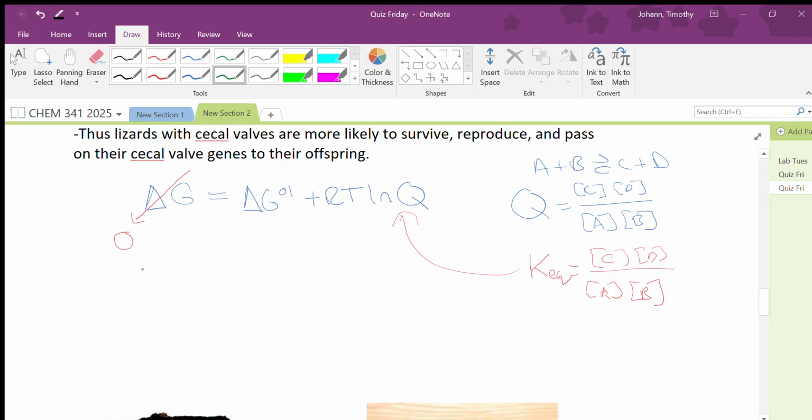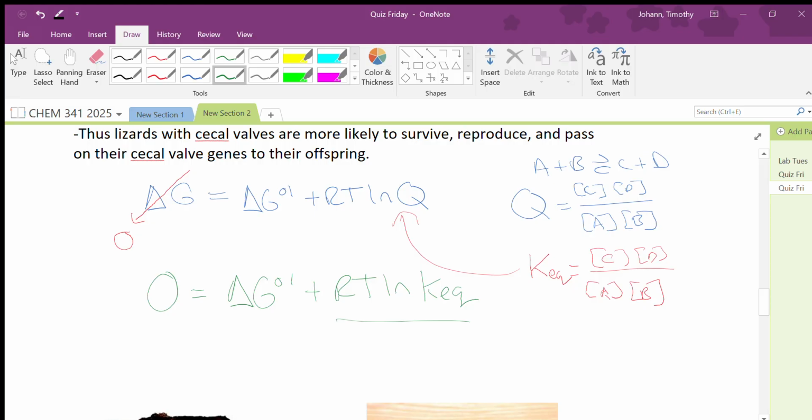So if I was to rewrite this in green just for fun, it's going to look like this. KEQ. All right. And so I can move this piece to the other side, right?